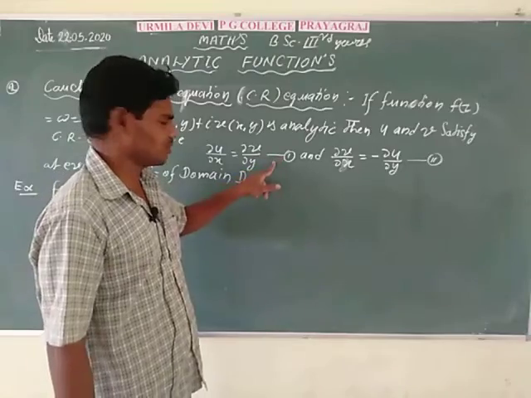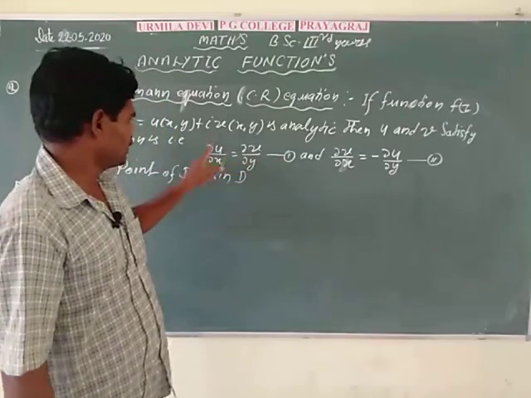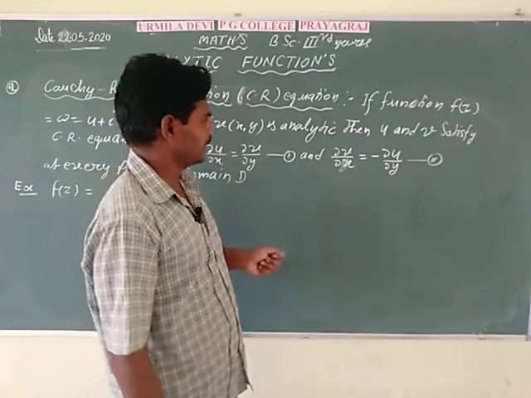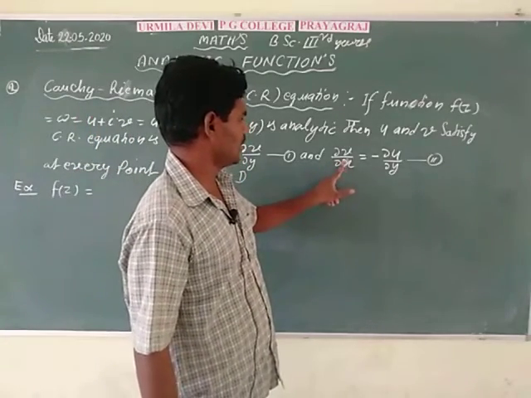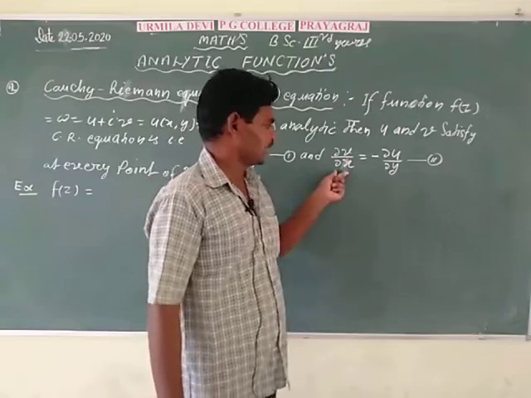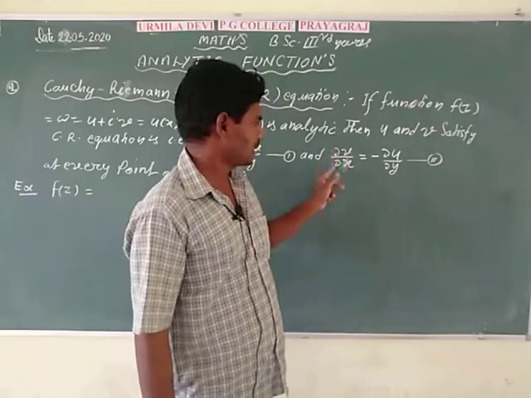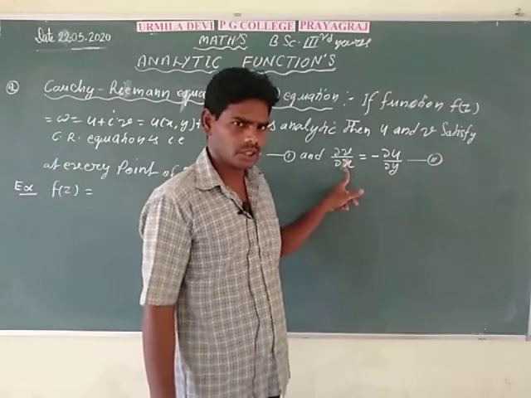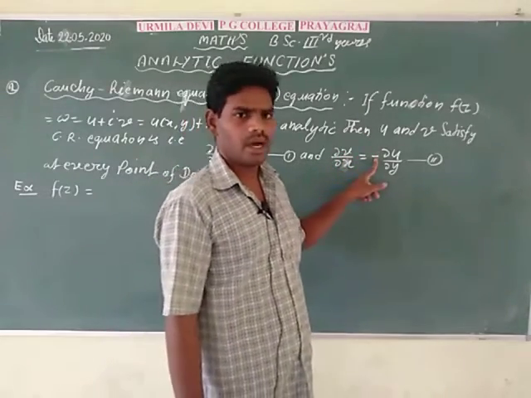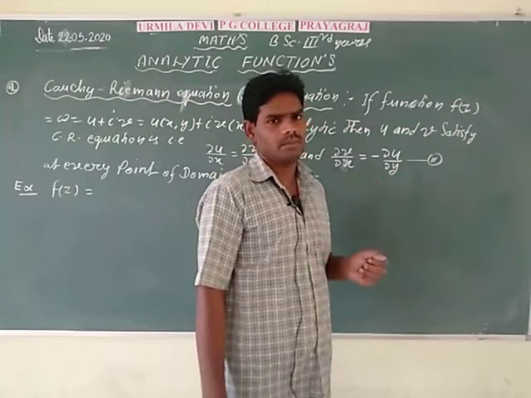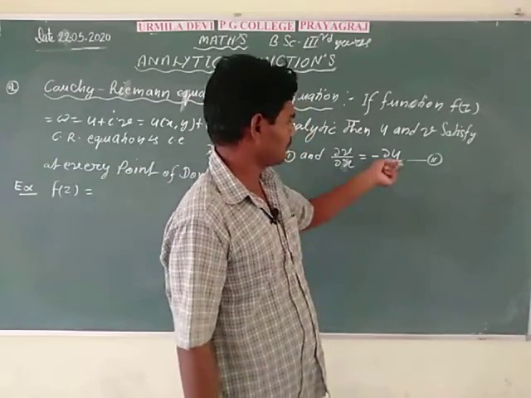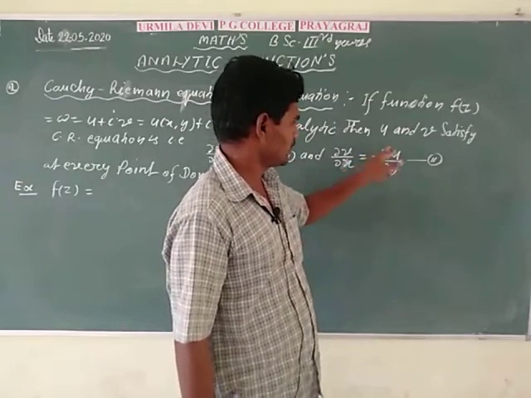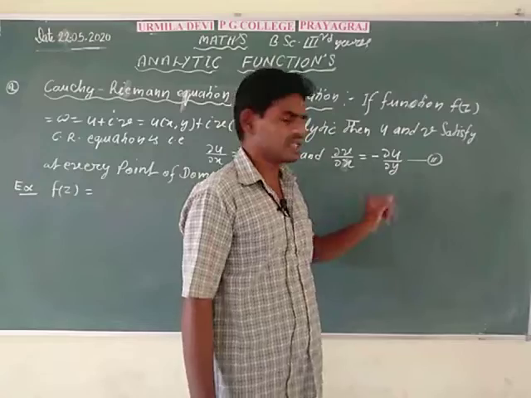So the first CR equation is del u by del x is equal to del v by del y, and in the second CR equation, del v by del x, meaning the partial derivative of function v with respect to x, is equal to negative of del u by del y, meaning the partial derivative of function u with respect to y.